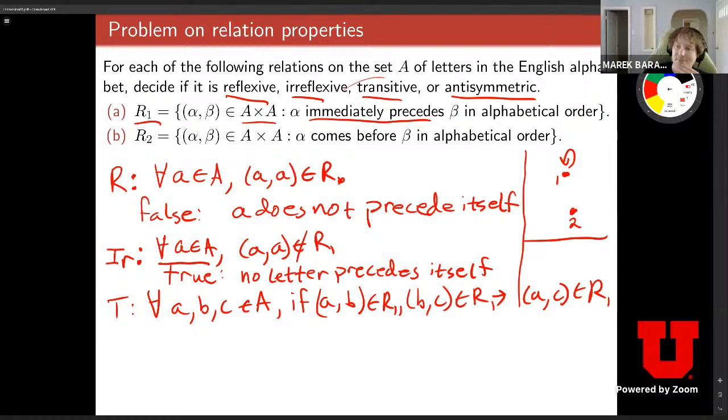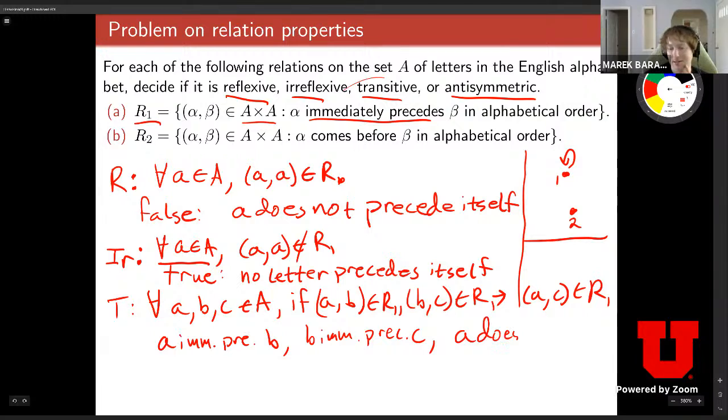The example from chat is that A immediately precedes B, and B immediately precedes C, but A does not immediately precede C. So this is false.